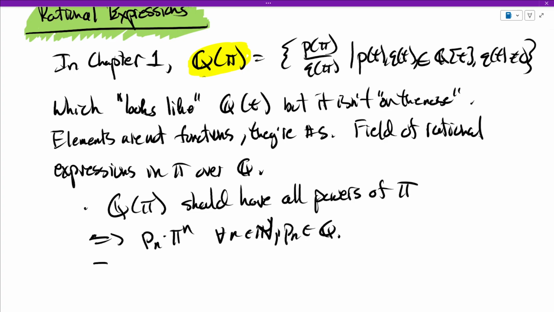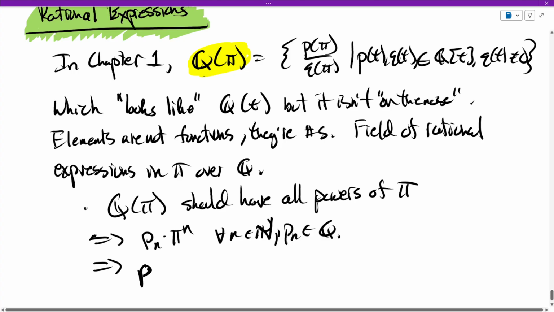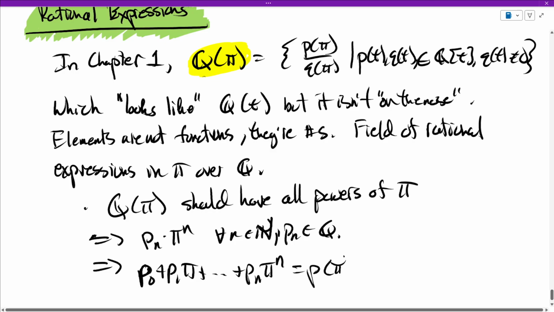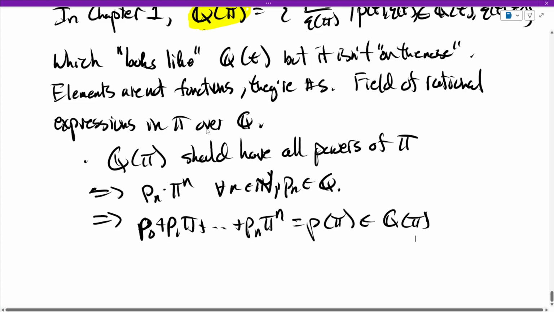You should be able to add them. You should be able to look at combinations of them, which we might call p of π. And you should be able to divide by them.